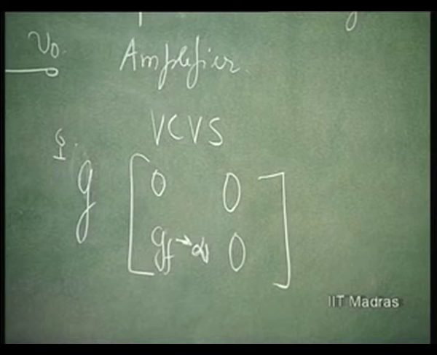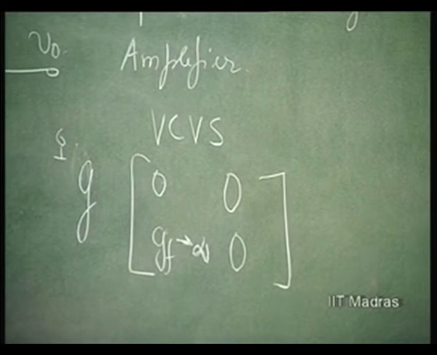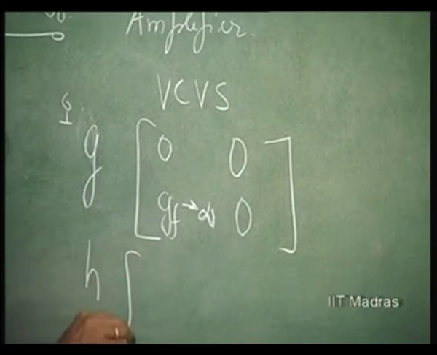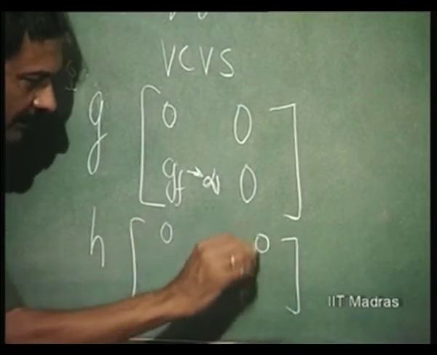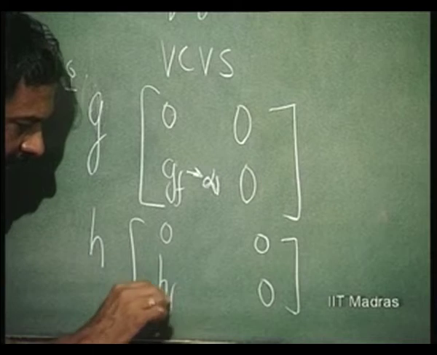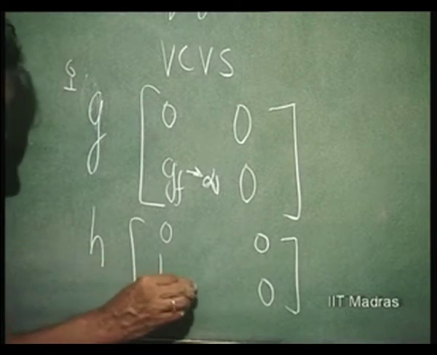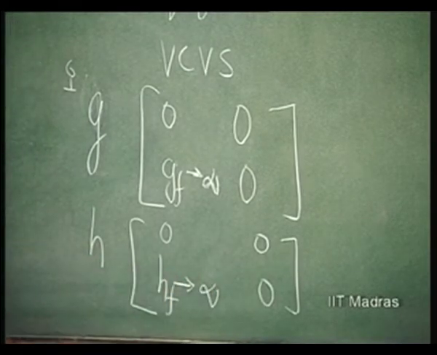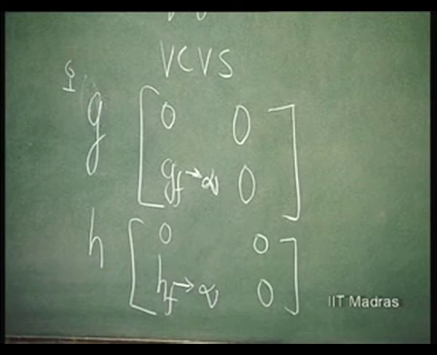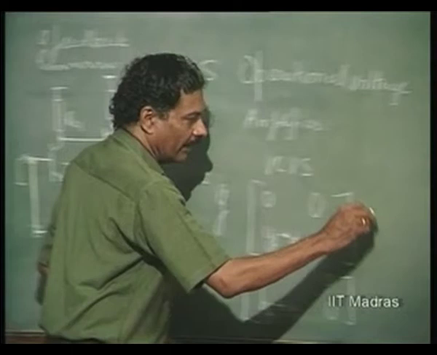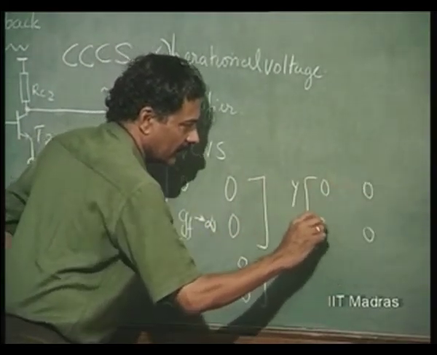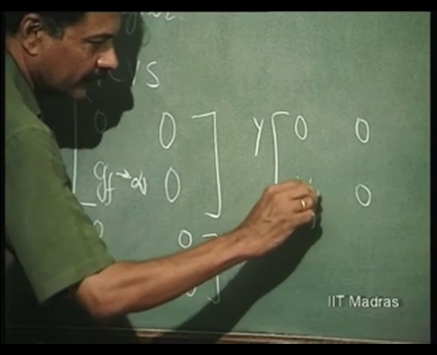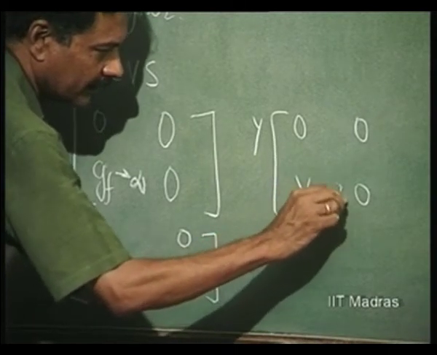If it is a current controlled current source or a current operational amplifier, then you have H parameter of concern. This is 0, this is 0, this is 0, and H F goes towards infinity. If it is a transconductor type of amplifier, okay, then the Y parameters are the ones that have to be taken, which is 0, 0, 0, and Y F goes towards infinity.